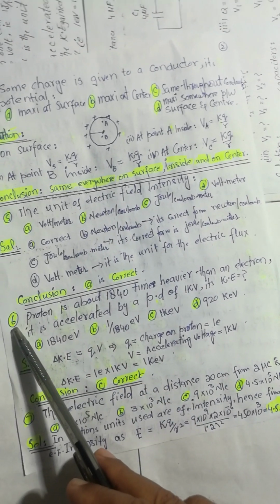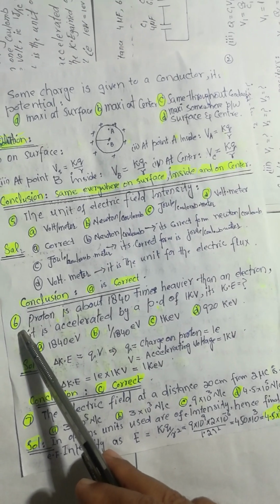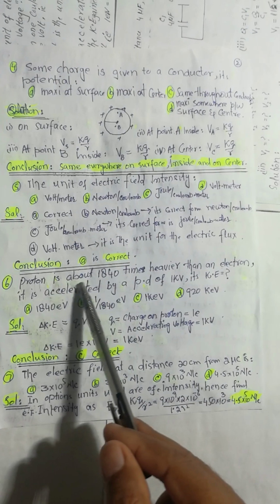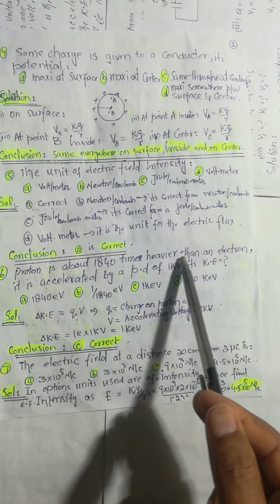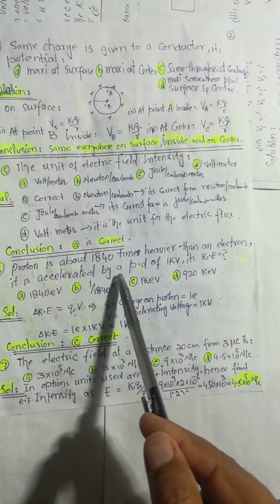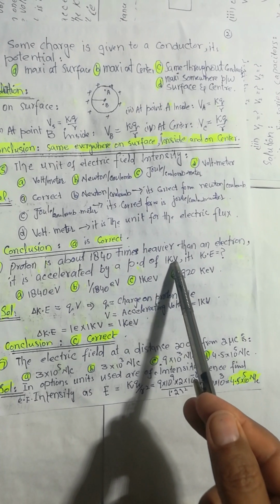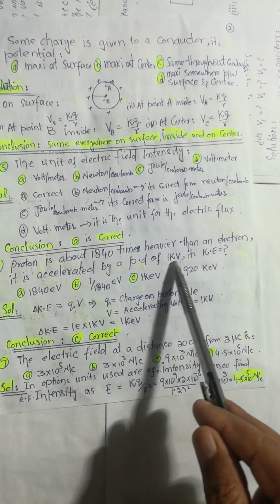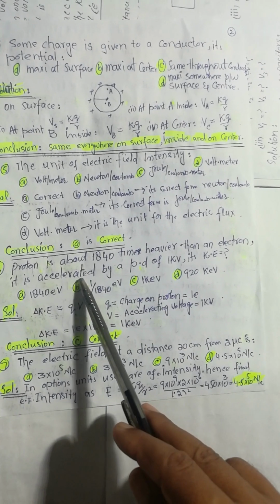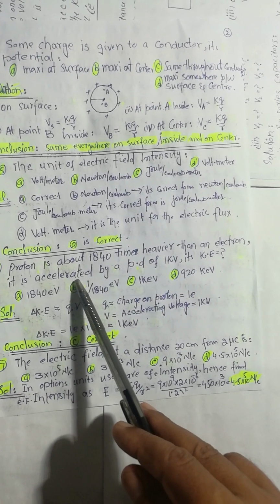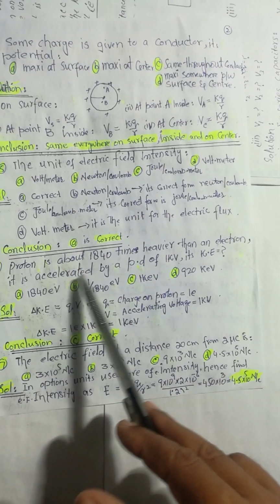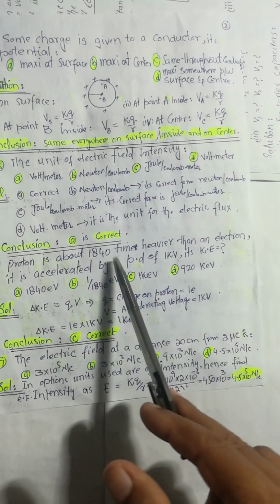Now come to question number 6. A proton is about 1840 times heavier than an electron. It is accelerated by a potential difference of 1 kilovolt. Its kinetic energy? It means that a battery is applied to a conductor where free electrons exist, and the free electrons will be accelerated by the battery.